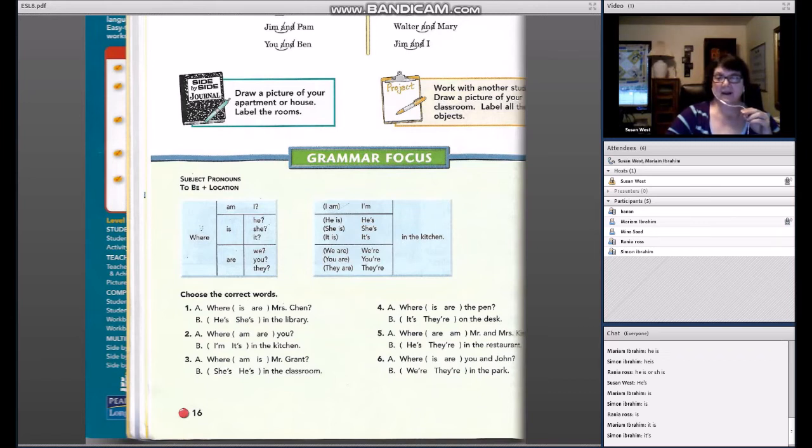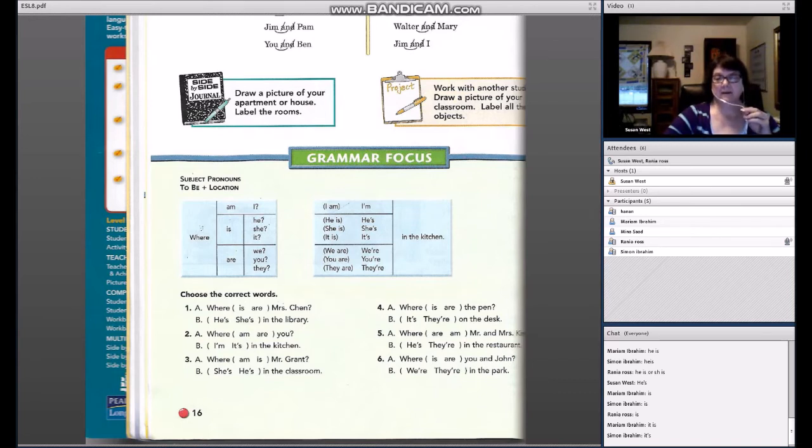Okay, it's on the desk. Where is the pen? It's on the desk. And why did we use it and not there or they? Can anybody tell me why they chose it? Because it's a pen. It's not a person.